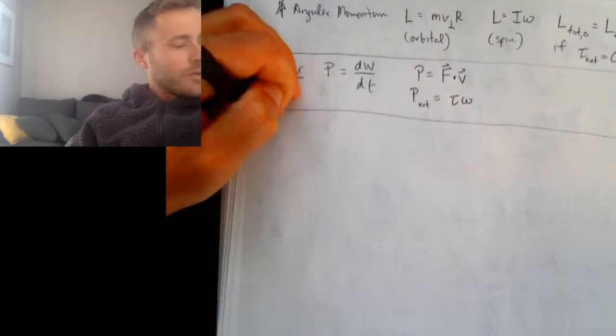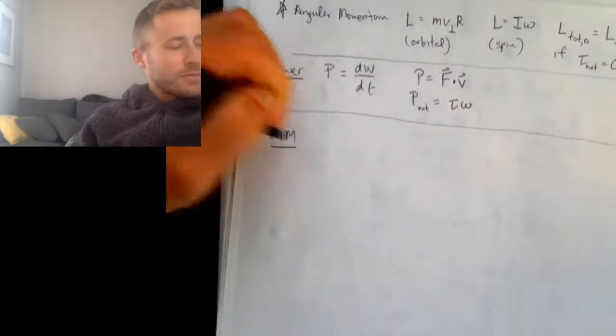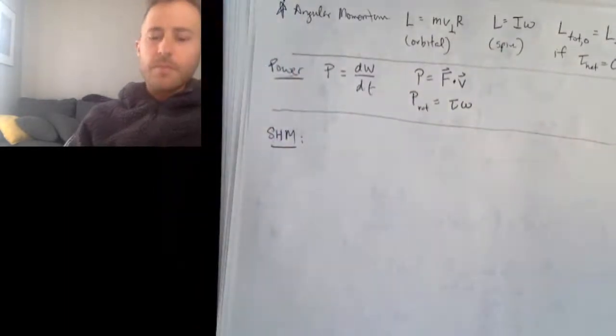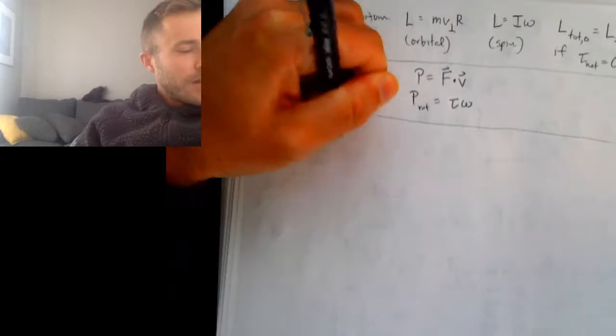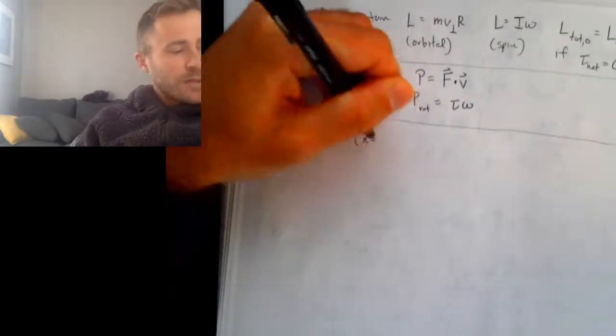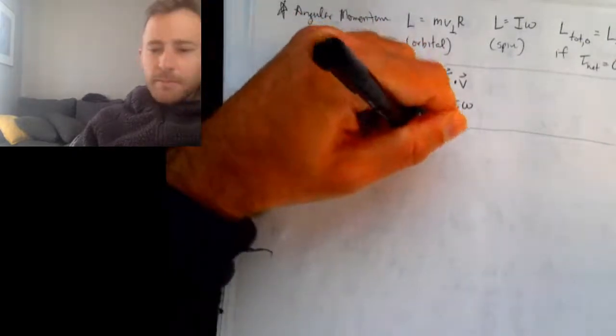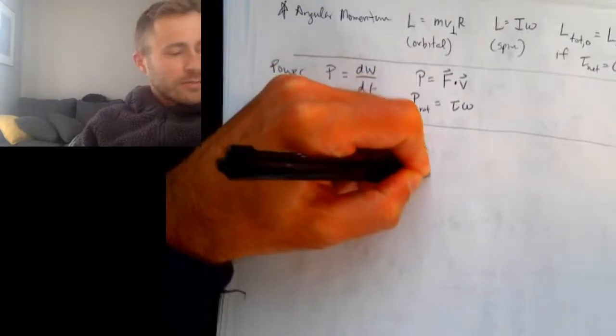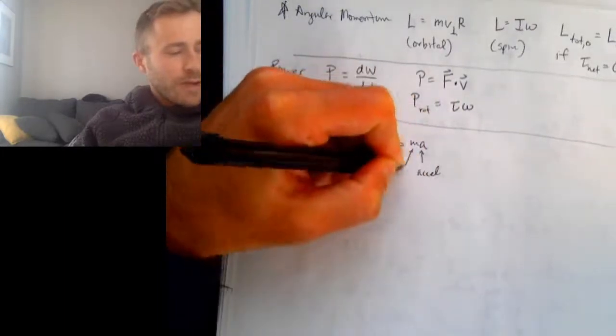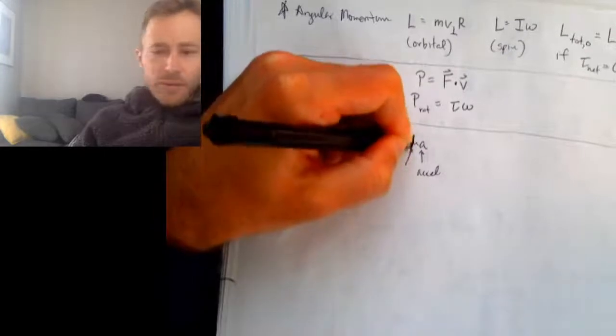Okay, so then we talked about simple harmonic motion. The equation of simple harmonic motion is negative omega squared times x minus c equals ma. So a is the acceleration, m is the mass. Oh, there should be no m here, my bad.